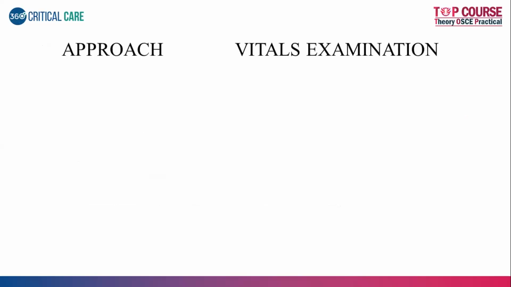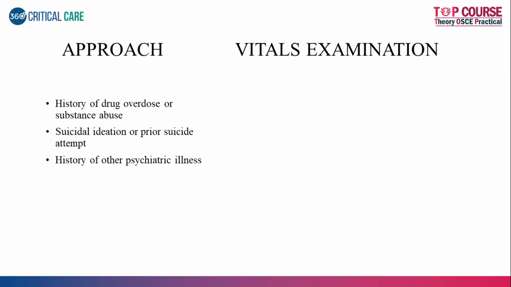Now, how do you approach a patient who presents with an unknown poisoning? The first important thing is history. In history, a lot of things are required to come to a specific diagnosis, but three are important. One is what type of drug overdose or substance abuse the patient has taken. Second, whether the patient has suicidal ideation or any prior suicide attempt.